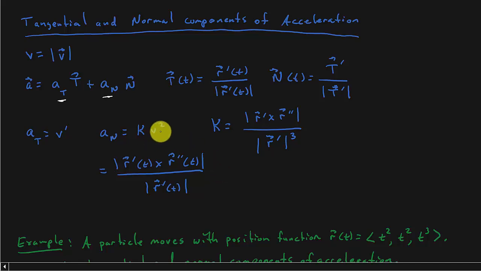So the magnitude of r prime squared is going to cancel one of those in the denominator, and you're left with just one of those. That's the way you can do that.